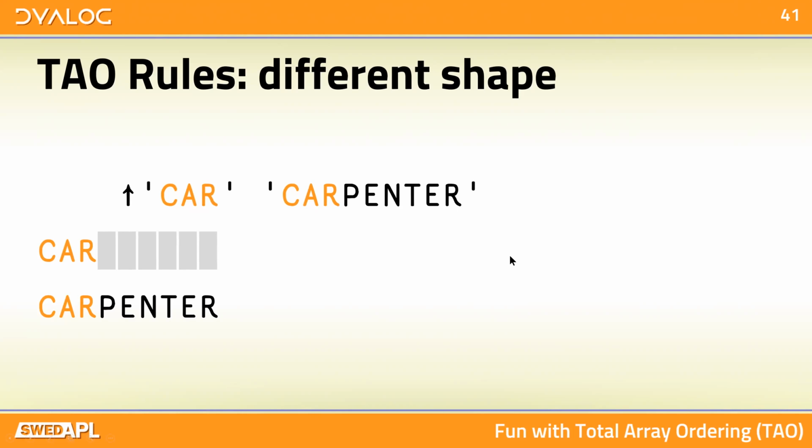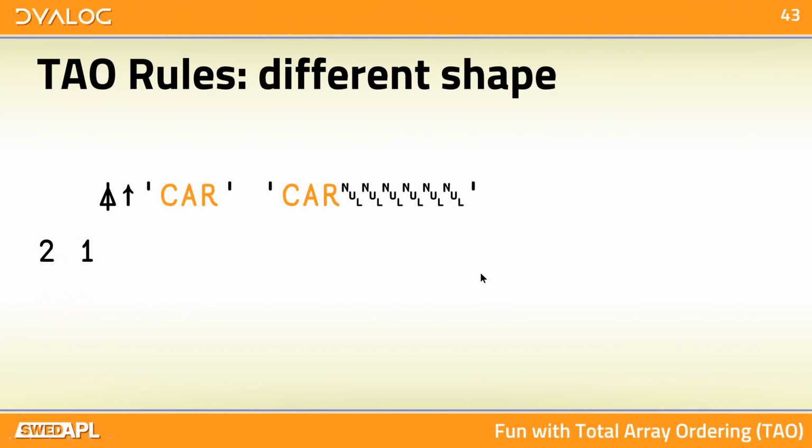That means that if your character vector, in this case, but of course it could be anything, contains any character that comes before space, of which there are 31, then you end up having something longer where something comes before another array where there is nothing, and that breaks our rule of lexicographical ordering that nothing must come before something. So this is not a solution. It doesn't give you the right result. You compare them, then you get the opposite grading of what you want, and you get unhappy.